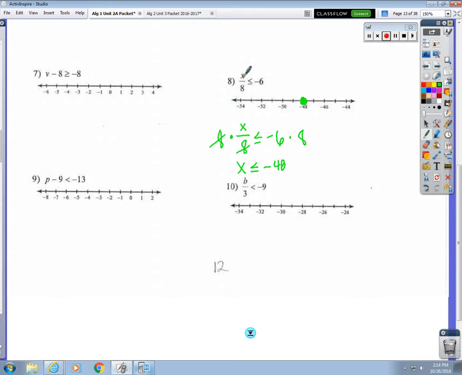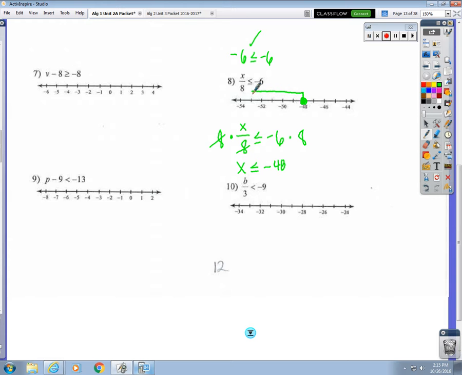Watch. What's negative 48 divided by 8? Negative 6. So if I write that down, is that a true statement? Negative 6 is less than or equal to negative 6? Yes. That's why that's one of the solutions, because it actually makes a true statement. What other numbers would make true statements? Anything less than negative 48, which is which way?